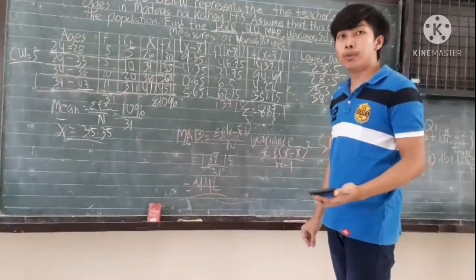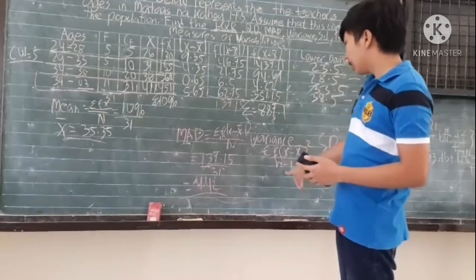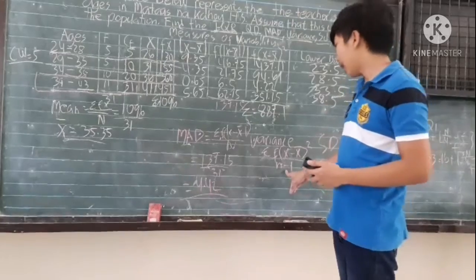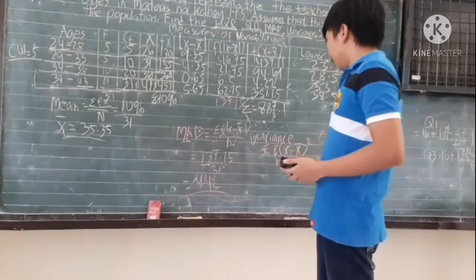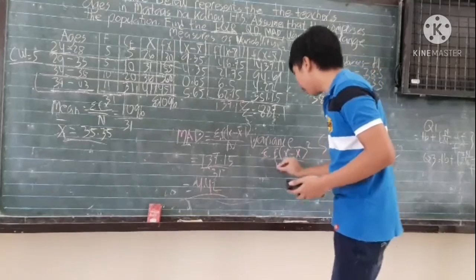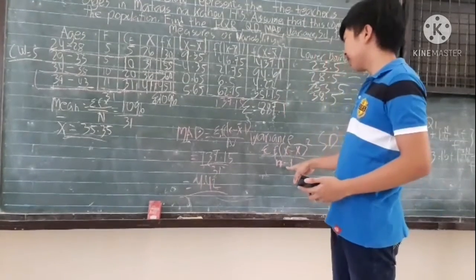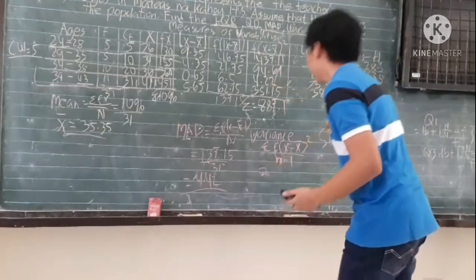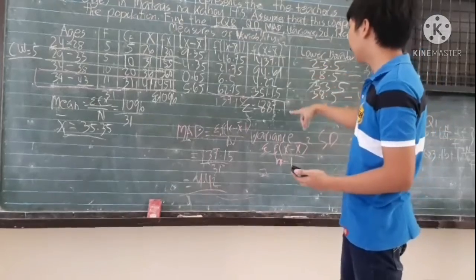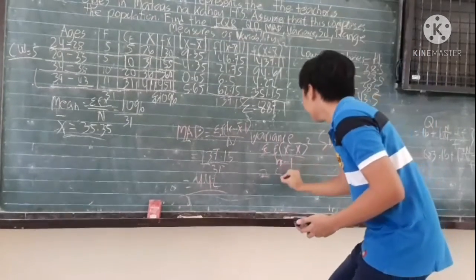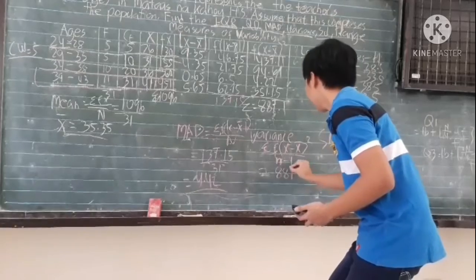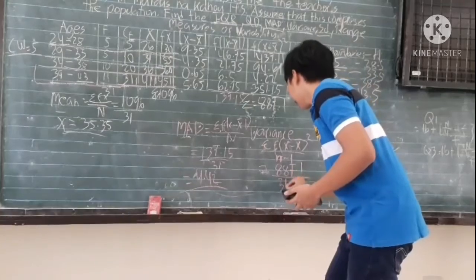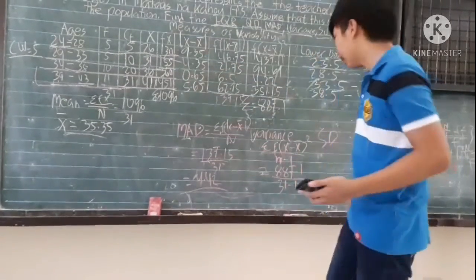If you want to get the population variance, we need to disregard the n minus 1 and make it n, not n minus 1. So our summation here is 887.1 over 31 minus 1, n minus 1.